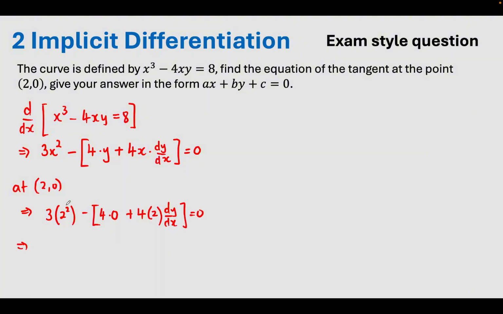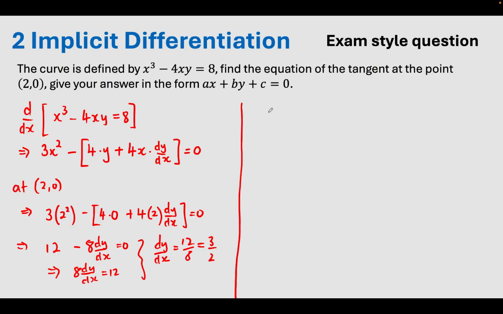So tidying this up, I get 12 minus 0, so then I get 12 minus 8 dy/dx equals 0, and therefore 8 dy/dx equals 12, and putting those together I get dy/dx is 12 over 8, which is just 3 over 2.